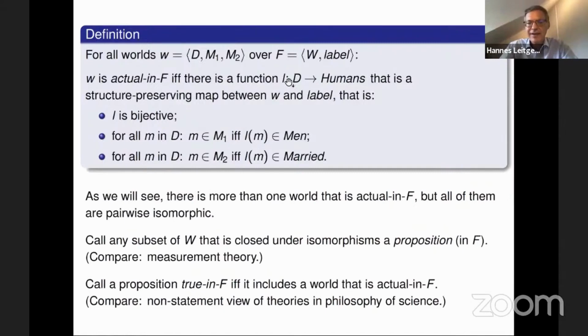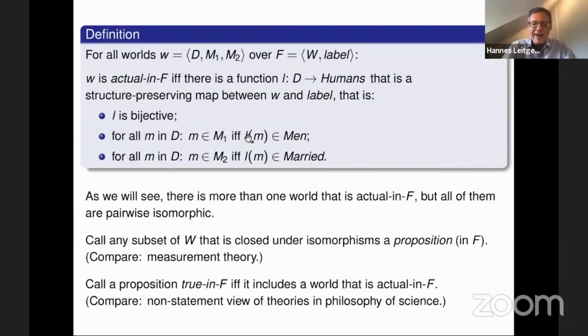In this case, that is a function, L for labeling, between D, the domain of the world, and the set of humans, that's the set of entities that I want to reason or talk about, that is structure preserving in the sense that the labeling is bijective, and the M1 set in the world corresponds structurally to the set of men in the label structure, and the M2 set in the world corresponds structurally to the set of married people in the label structure.